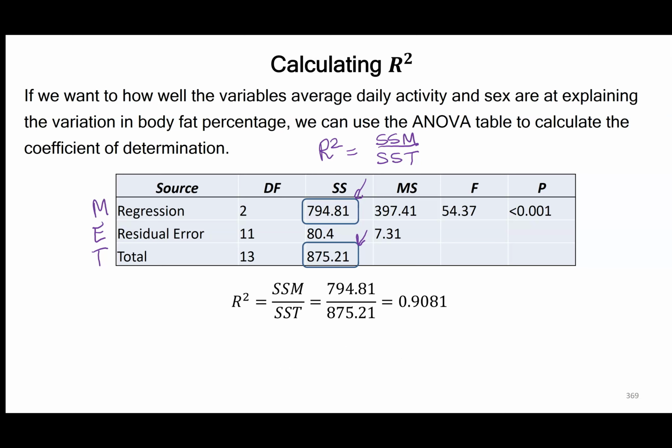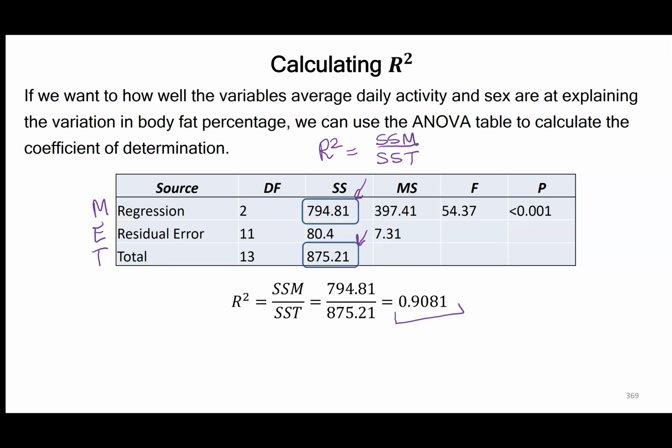So our R squared here is 794.81 over 875.21. We get a value of 0.9081, which is pretty decent. This is pretty close to 1.